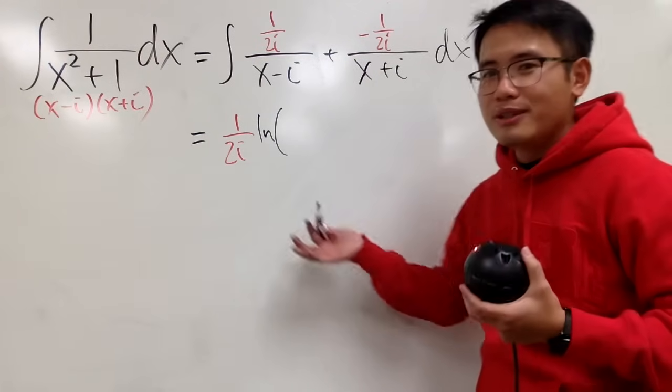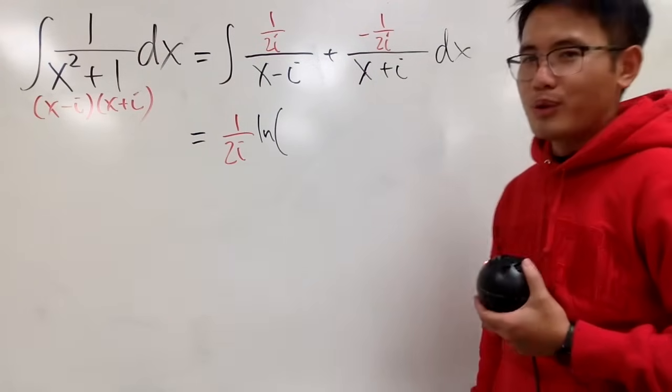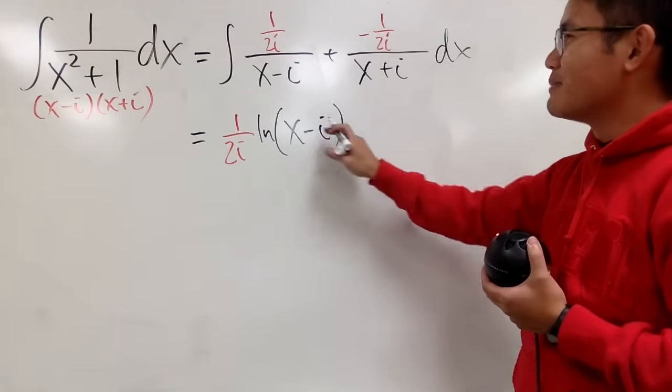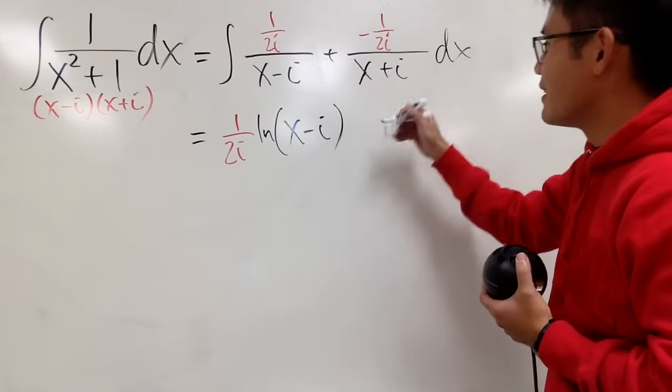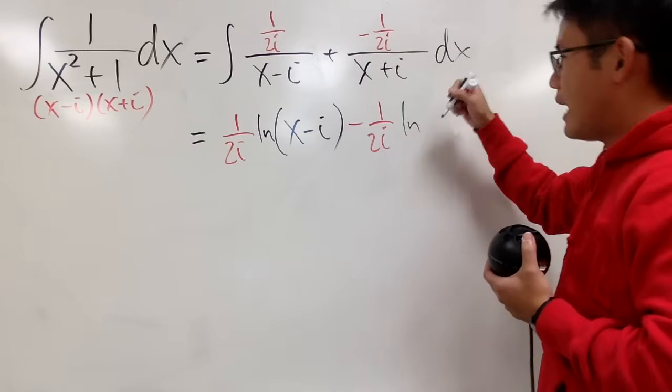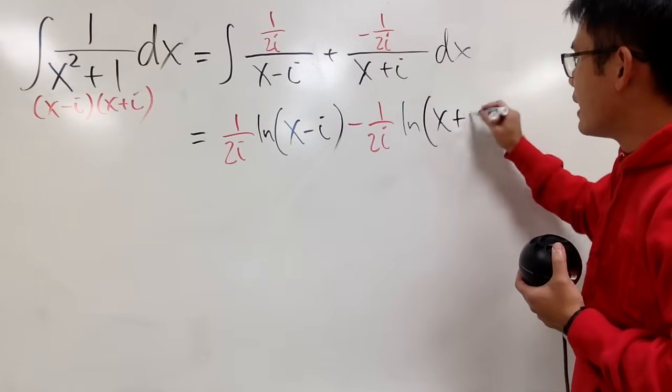No, you don't have to. Don't worry about the absolute value. So you have ln of x minus i, and then for the next one right here, you just minus 1 over 2i, and then you have ln of x plus i.